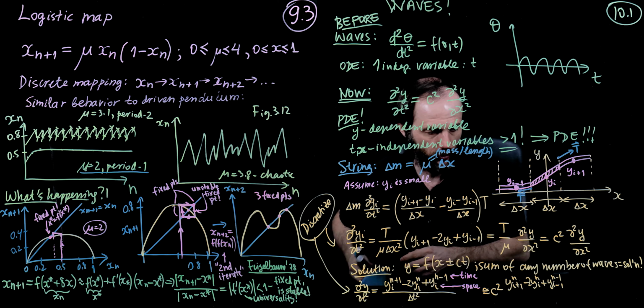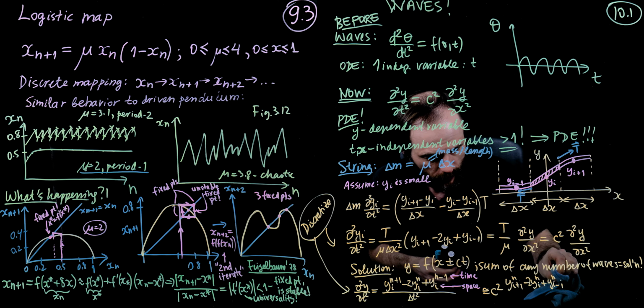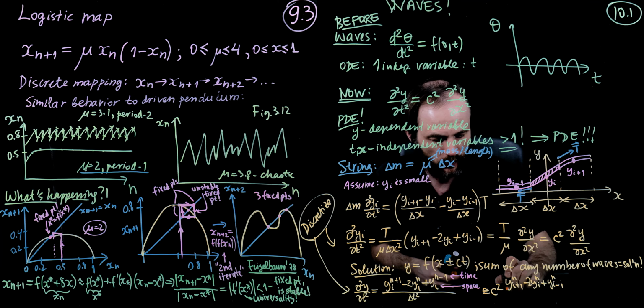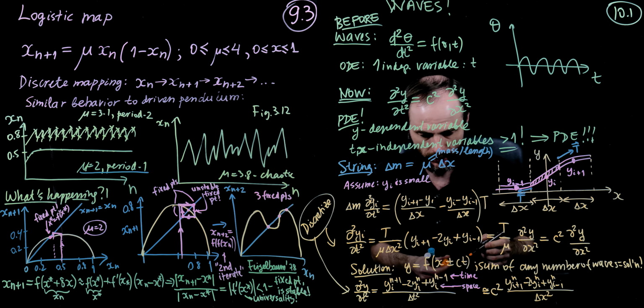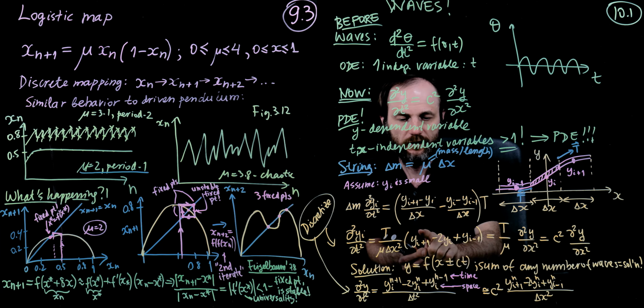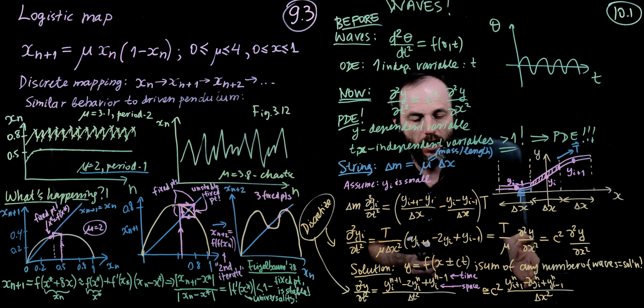And of course I wrote this here, but it shouldn't be here because everything is at the previous time, and this will be divided by delta x squared. So this is what we have, except now we specify that all of these are at the previous time.